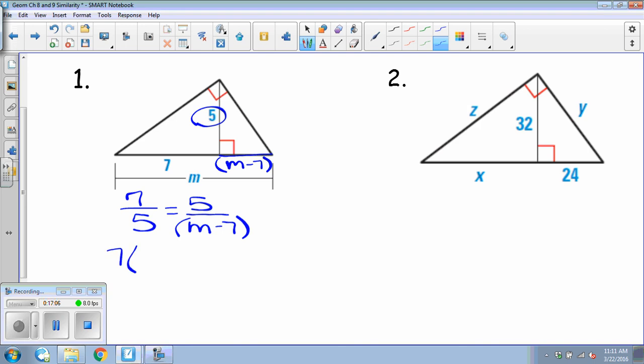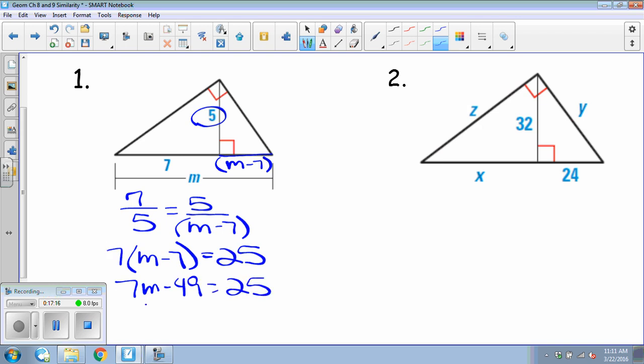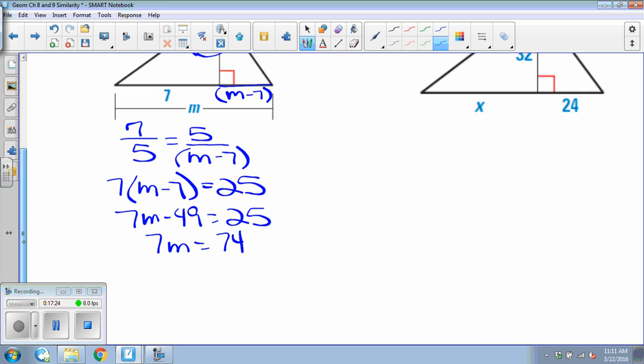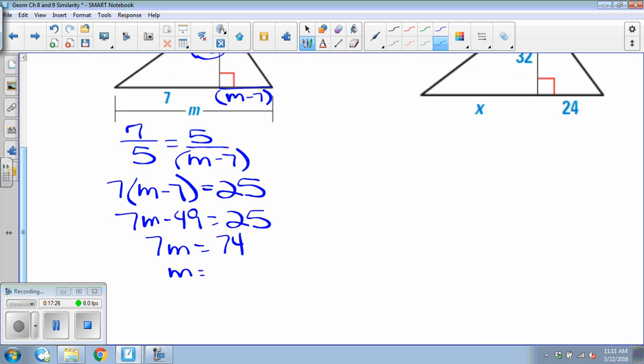So you do 7 times (m minus 7) equals 25. So 7m minus 49 equals 25. Add 49 to both sides. 7m equals 74. Divide both sides by 7, and m approximately equals 10.6. Now, that was one way to go about it.